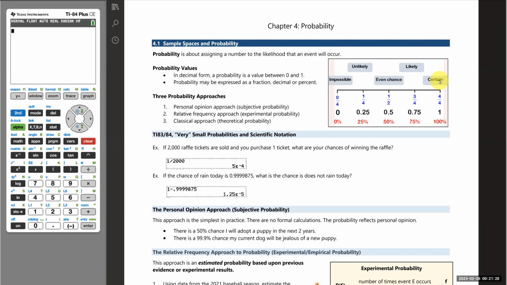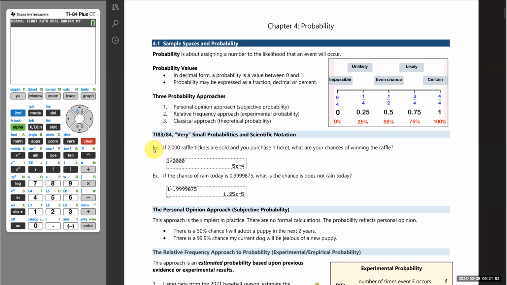Okay, so we'll consider 3 different approaches to probability, and each of them has its own place, which we'll talk about. But I just want to get something out of the way here on our graphing calculators, when our calculator reports a very small number, in our case a very small probability.